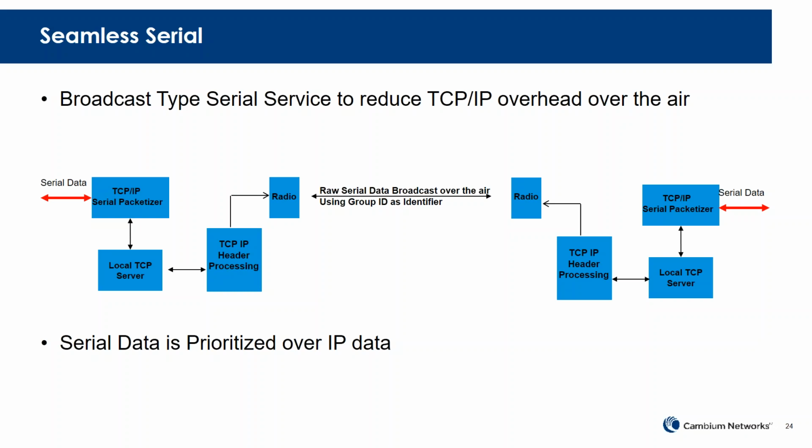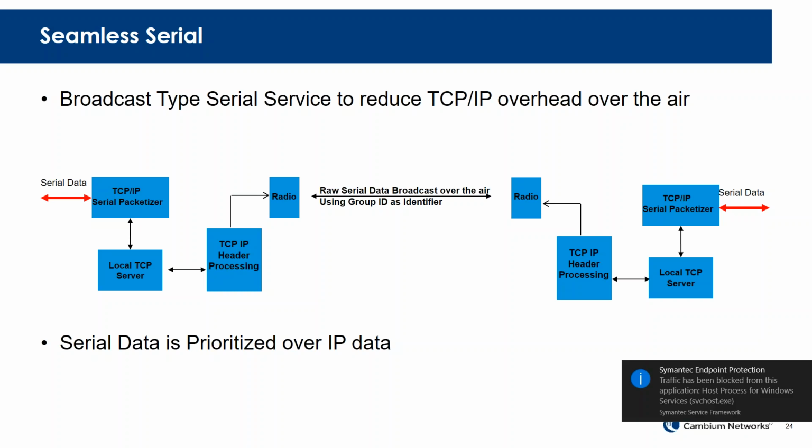Seamless serial is a real nice capability for those customers that are using serial RTUs or PLCs. And the way this works is I can take a set of serial radios and define that as a radio group. And then any traffic that appears on a serial port in that group will automatically appear at the serial port on every other radio in that group.